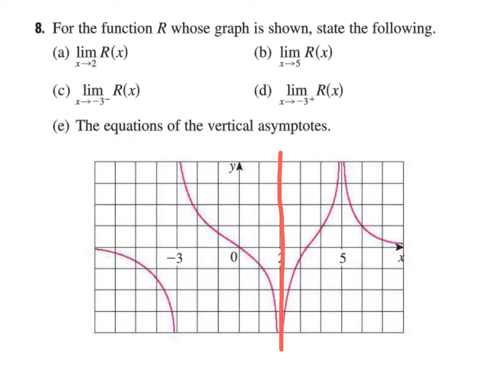So from the left side, it's approaching negative infinity. From the right-hand side, what's it approaching? Well, it keeps going down from the right side as well. It is also negative infinity. Therefore, the limit as x approaches 2 of r of x equals negative infinity. Now, with that in mind, go do the rest of them.